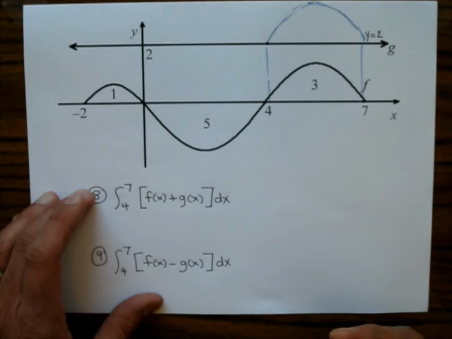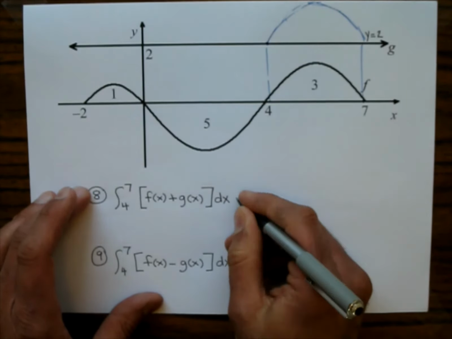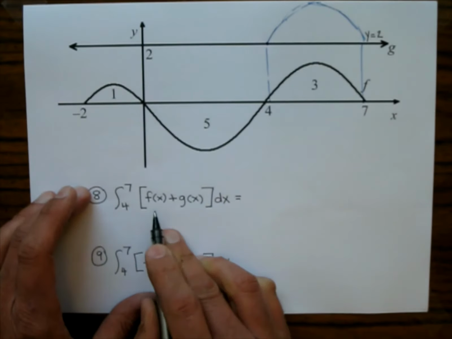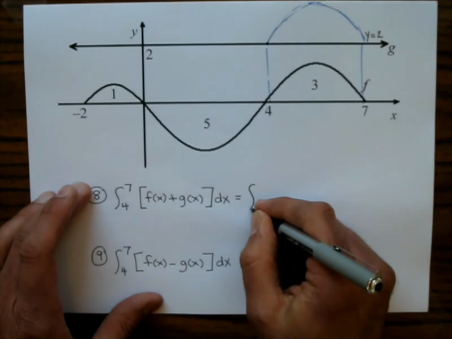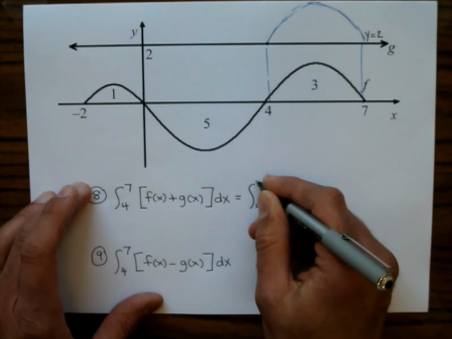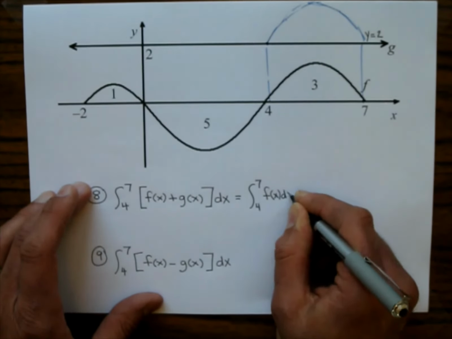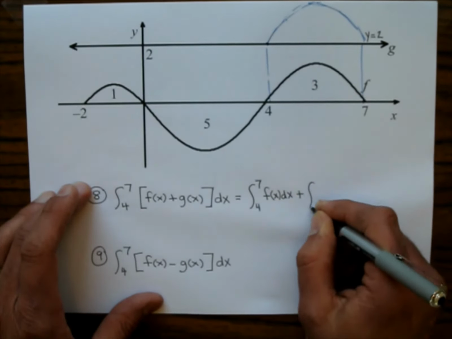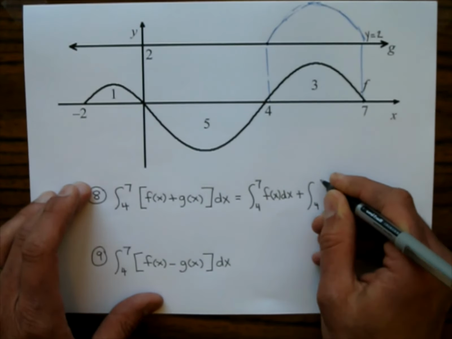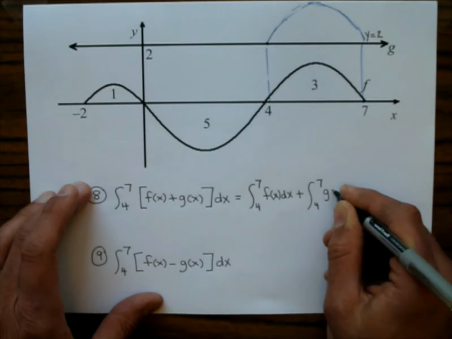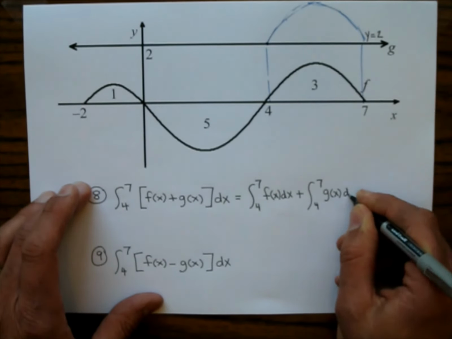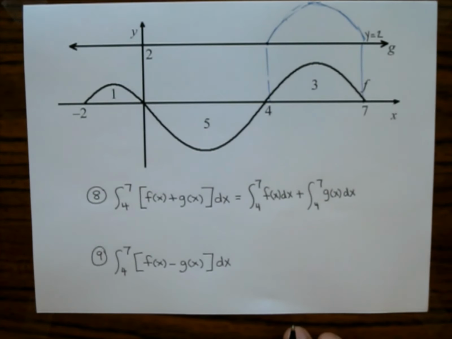So bottom line is, I may have talked too much on this one. You're adding two functions. It really is the integral from 4 to 7 of f of x dx plus the integral from 4 to 7 of g of x dx. So that's really what it is.